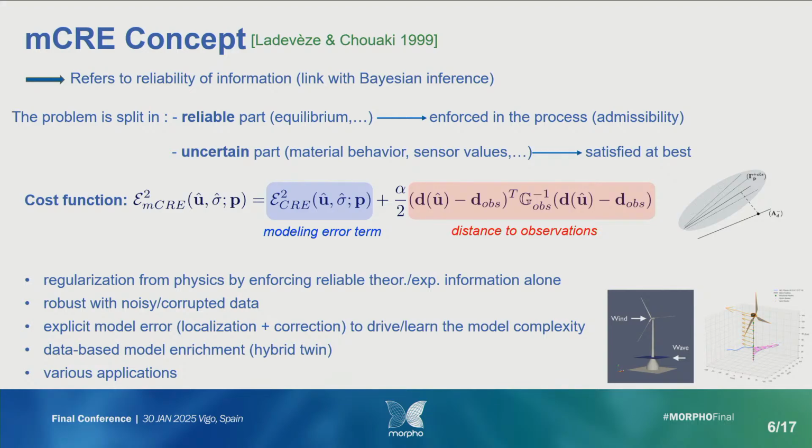It's an optimization problem. But at the end of the day, you end up with a new estimation of your system, here in practice from the mechanics: displacement, stress, and so on. Something which is hybrid, because this minimization, this optimization, will give you a state which doesn't come from physics, which doesn't come from data, but which is something in between, that satisfies both at best with your a priori information.